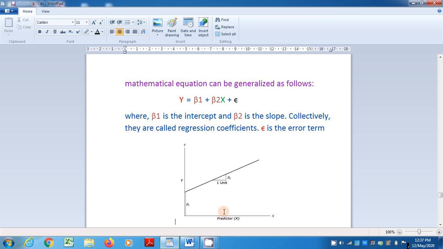We need to train the machine with input variables along with the corresponding output variables. When I draw that graph, it looks like this, and this is the intercept beta 1, and here beta 2 is the slope of that straight line.